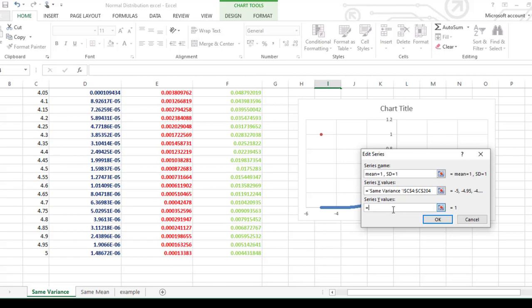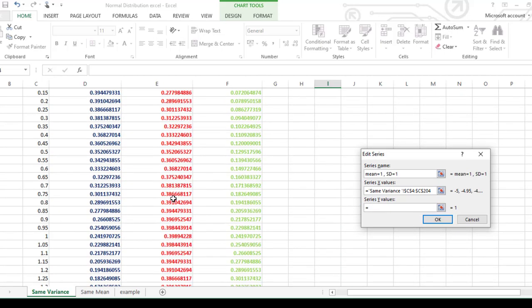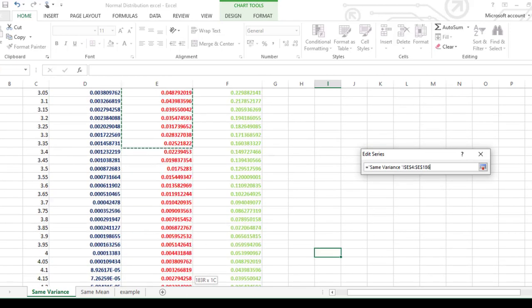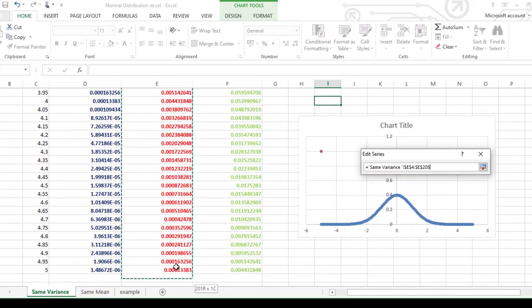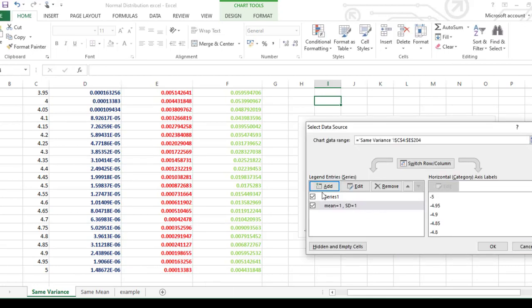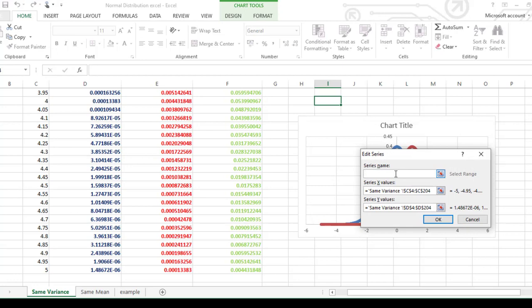Now we have to insert the y value, that is the probability value. Let us change the name of the first graph to mean equals 0 and standard deviation equals 1.